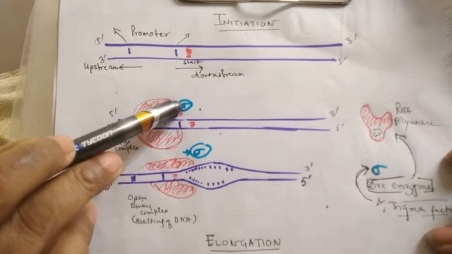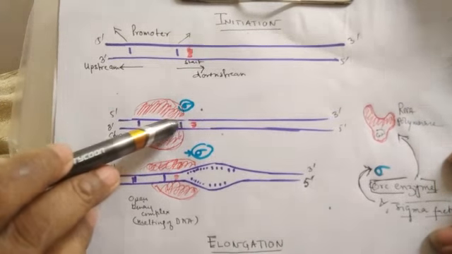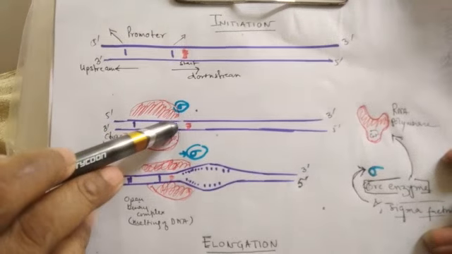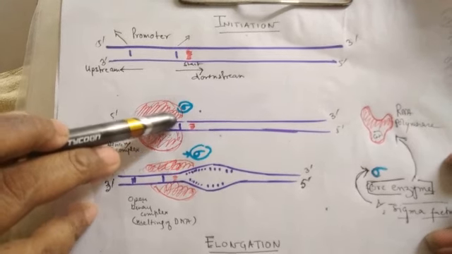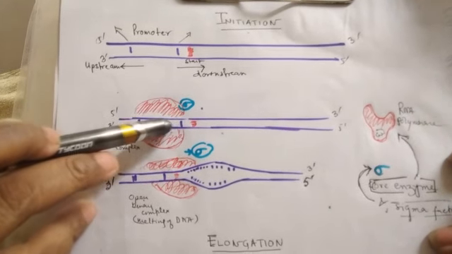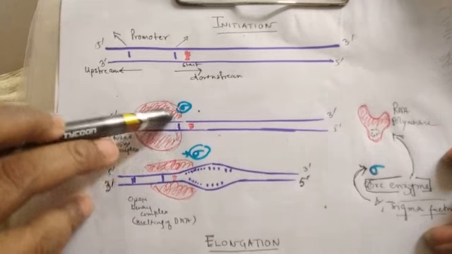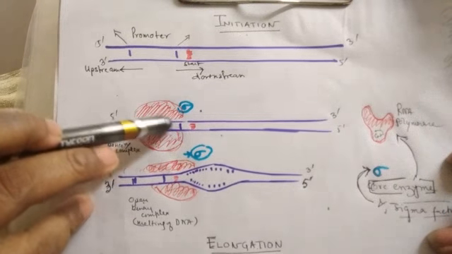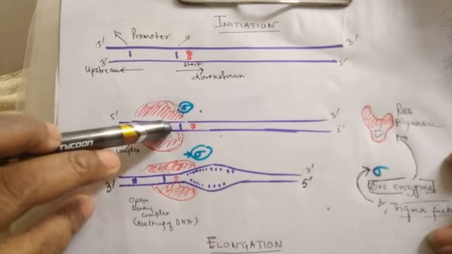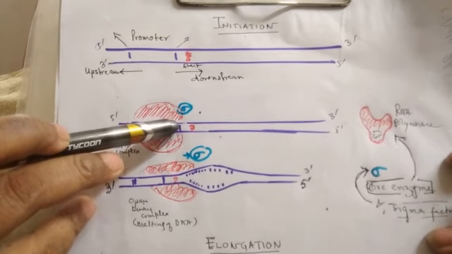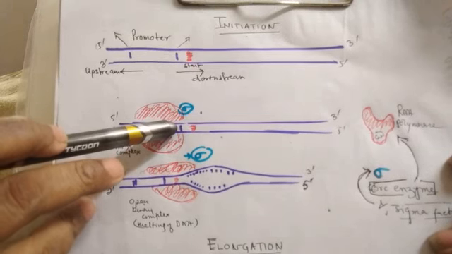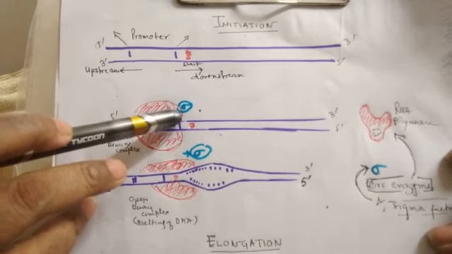During this phase, with the help of sigma factor, the RNA polymerase gets tightly bound with the promoter region.